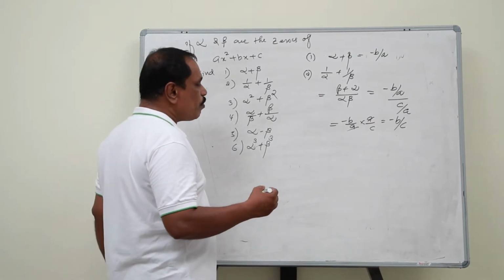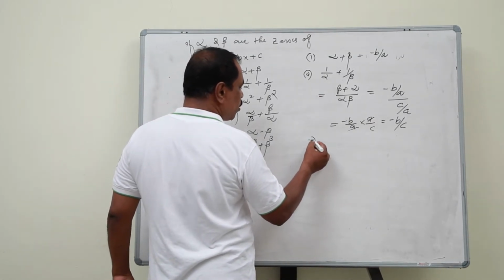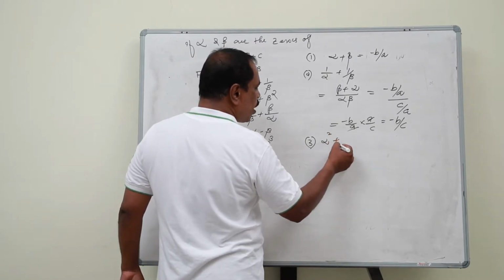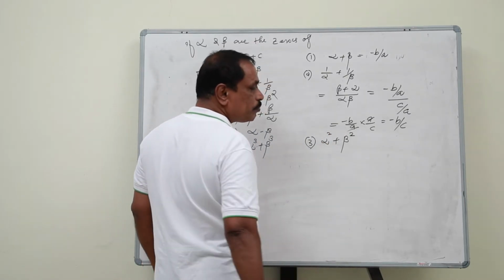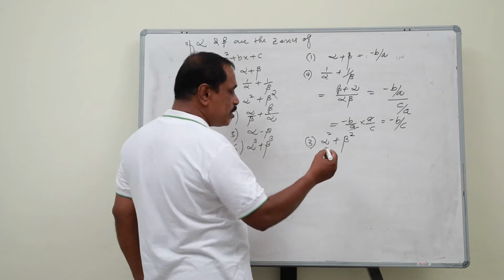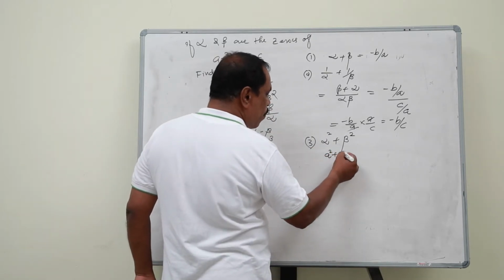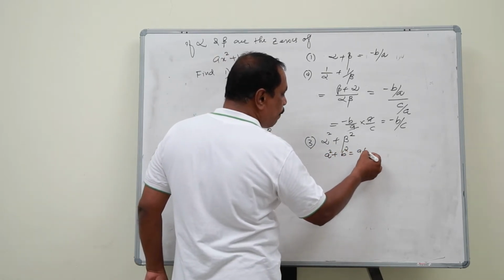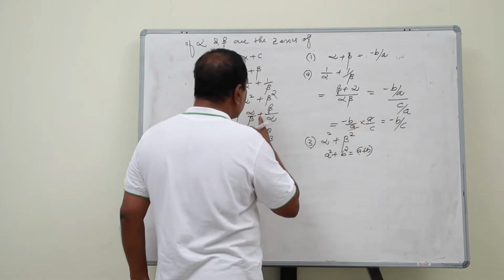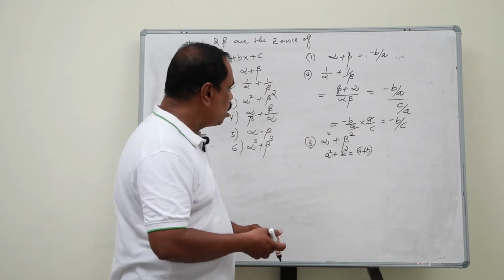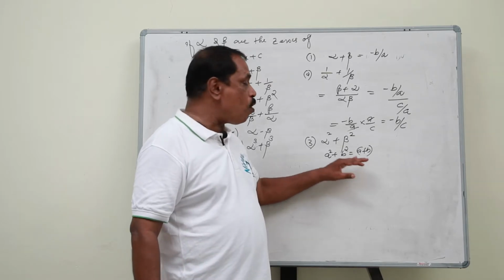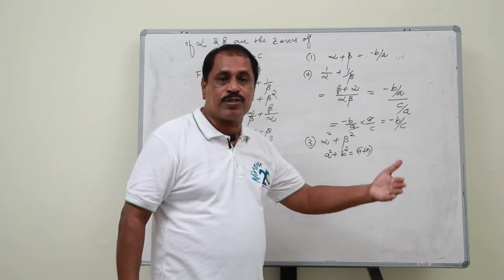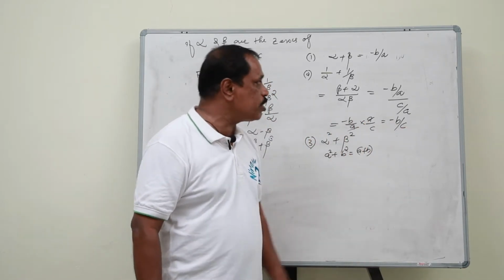Now let us do the third one, alpha square plus beta square. Remember the identity: a square plus b square equals a plus b the whole square minus 2ab. Such a question you always get, so transform it in terms of the sum of the zeros and the product of the zeros.